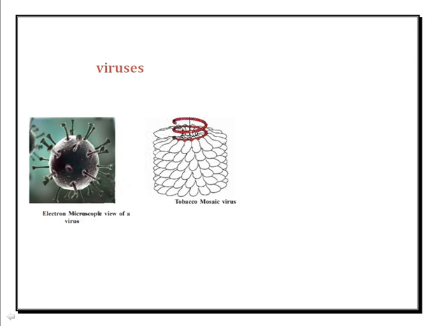For example, tobacco mosaic virus present in plants causes a plant disease. They can only be seen through a very powerful electron microscope.